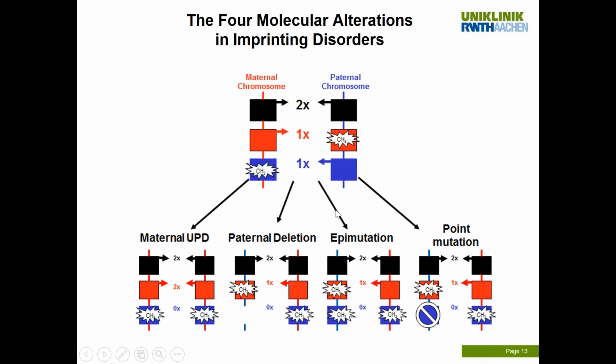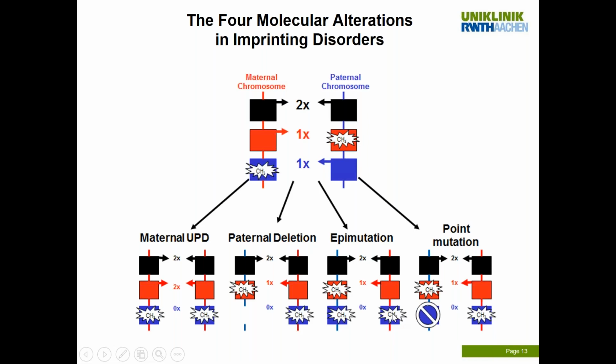Then the typical finding in imprinting disorders is the fourth group of molecular alterations. These are epimutations. Epimutation means that you have an aberrant methylation pattern at a specific differentially methylated region in an imprinted region. Here you see, for example, a hypermethylation.